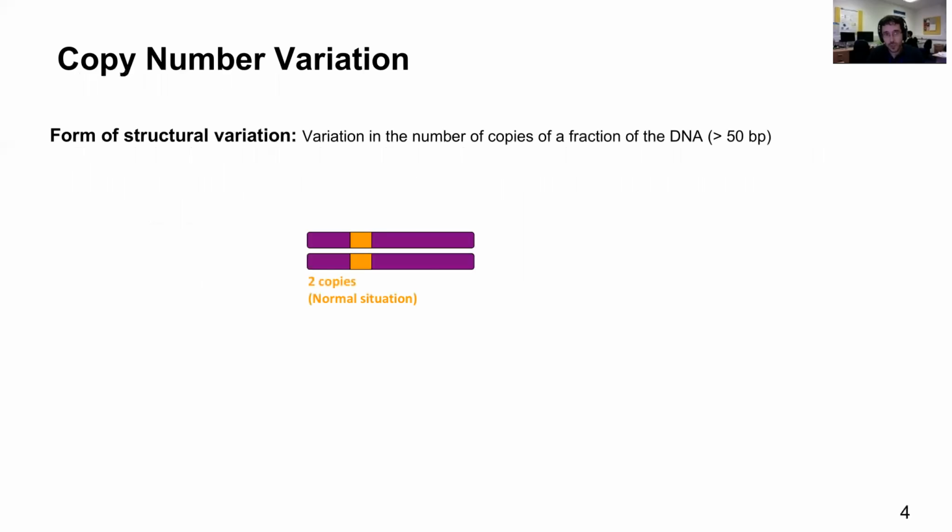So what do we mean by copy number variation? Imagine you're seeing two chromosomes, the parental copy: the copy from the mother and from the father. Normally, in the majority of the genome, we have two copies, one in each chromosome. But in some regions, copy number variable regions, we may have extra copies.